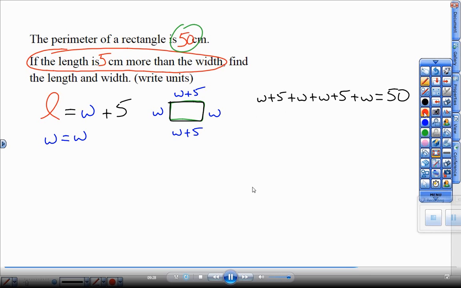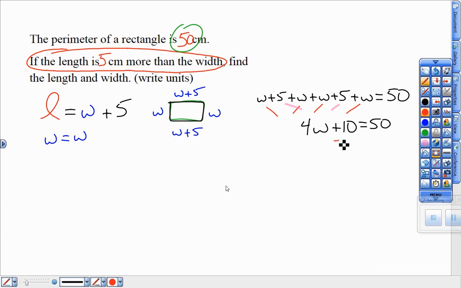And then again, combine all your like terms, combine your two plain numbers. All those W's combine to give me 4 W's plus that 10 equals 50. And then right there, I'm just going to subtract 10 on both sides. Gives me 4W equals 40.